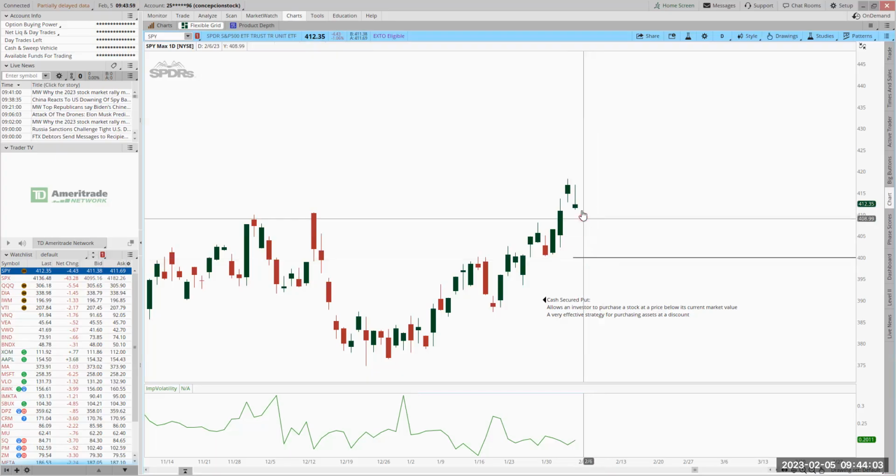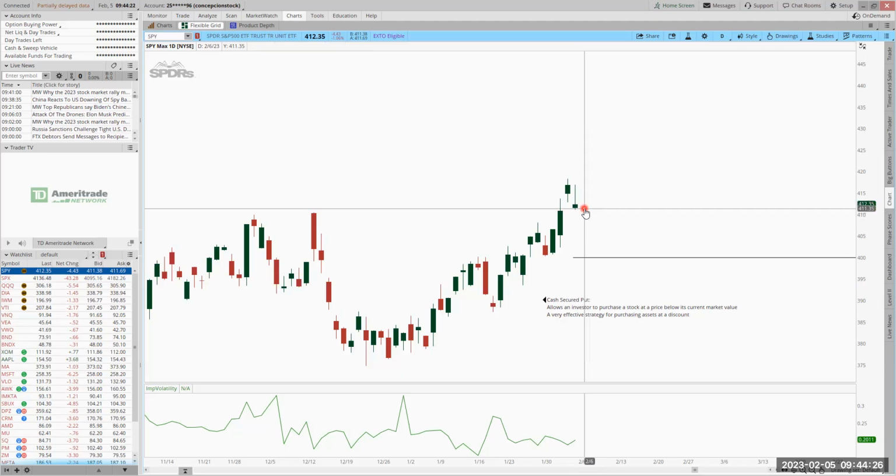So what does this mean? If between now and the next 12 days before my contract expires, price is at or below 400, I will purchase the S&P 500, 100 shares. I will be obligated to buy at 400 and I will keep my credit.